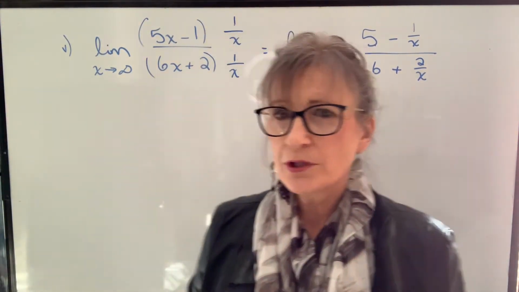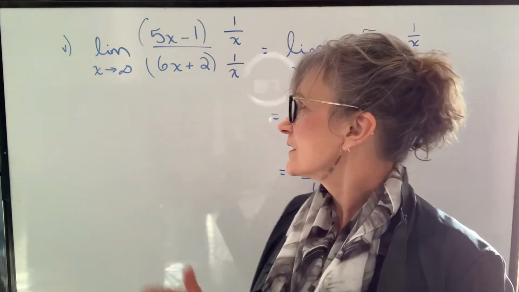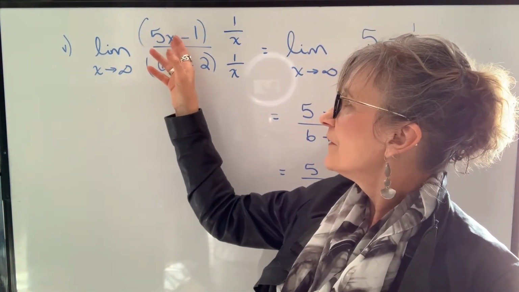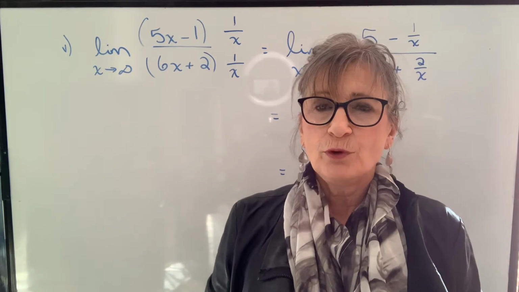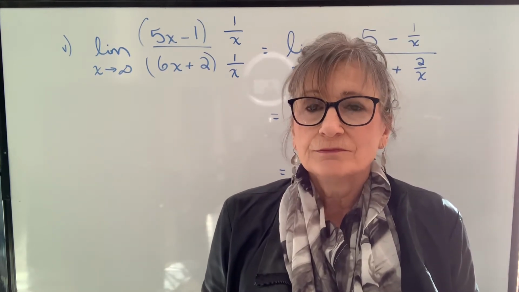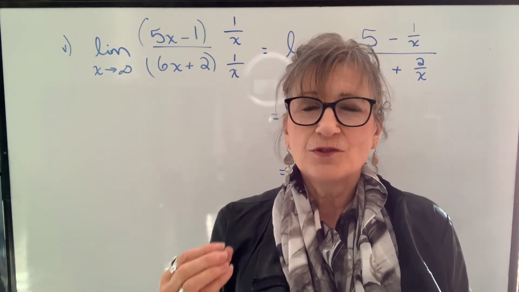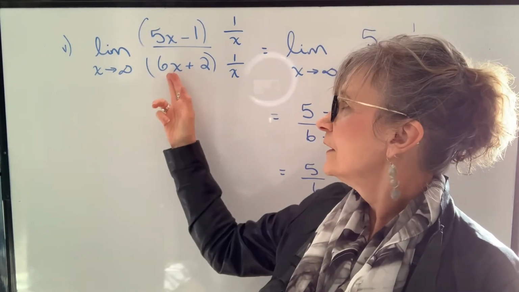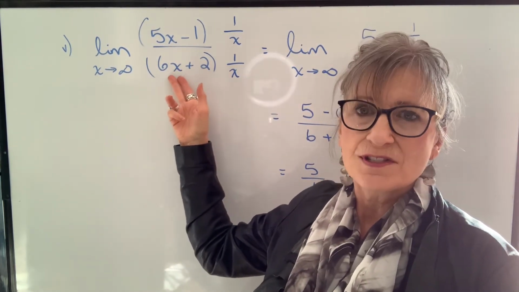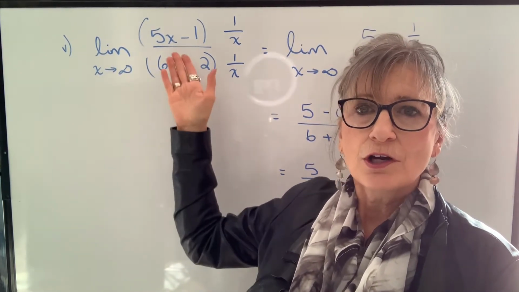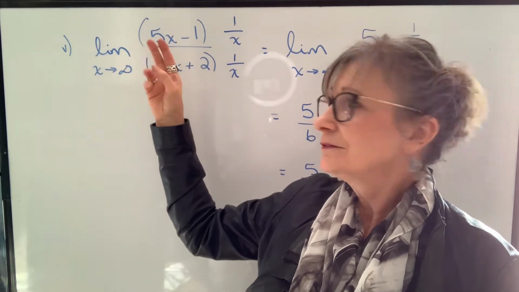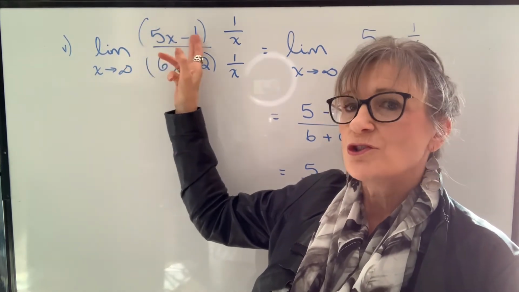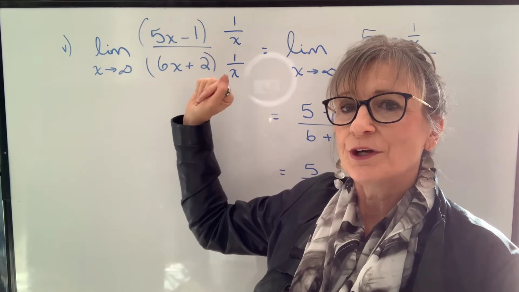And if you think about it, I think that it makes sense, because if you take a look at 5x minus 1, if we put 1,000,000 in for x, it's going to be just about 5 million in the numerator. The denominator will be just over 6 million. Then if we put a larger number like 1 billion, we're going to have one short of 5 billion in the numerator.